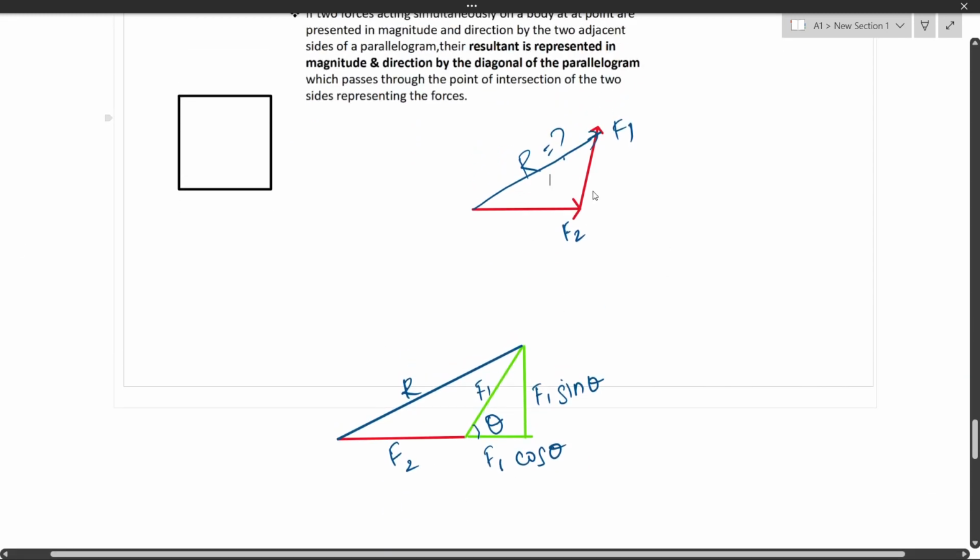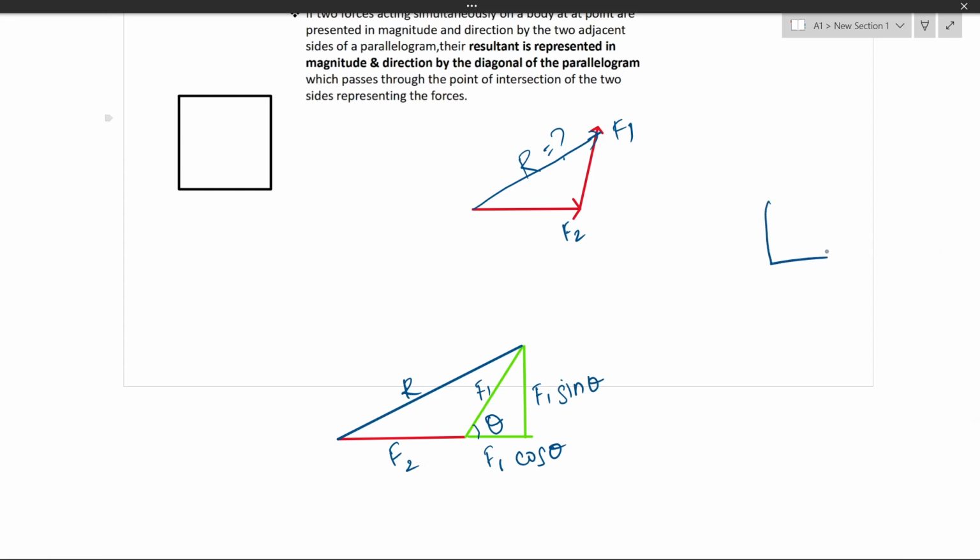So we can rewrite this as a triangle. This is the F2 value, the red one. The green one is F1. This F1 has two components. In the horizontal, it is F1 cos theta. In the vertical, it's F1 sin theta. Consider this an X and Y axis.